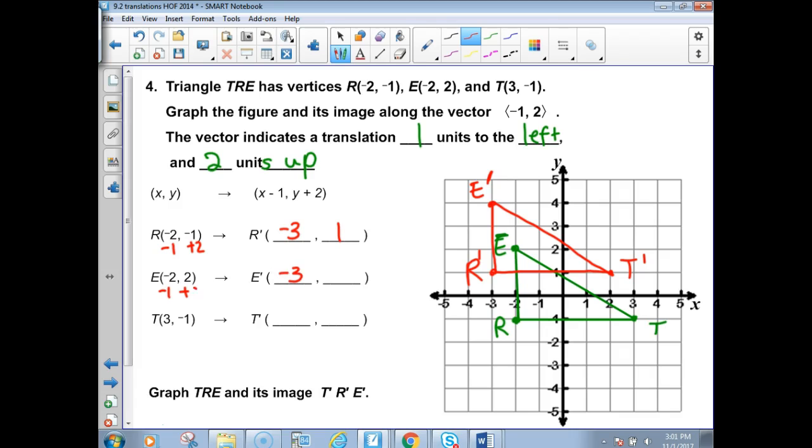If you add 2 to 2, you get 4. So that's the same location. And T prime, if you subtract 1 and add 2, you would get 2, 1. And that is where T prime is, 2, 1. So we're done with that one.